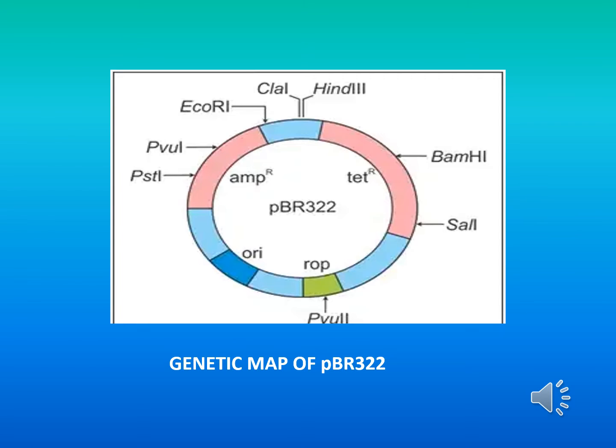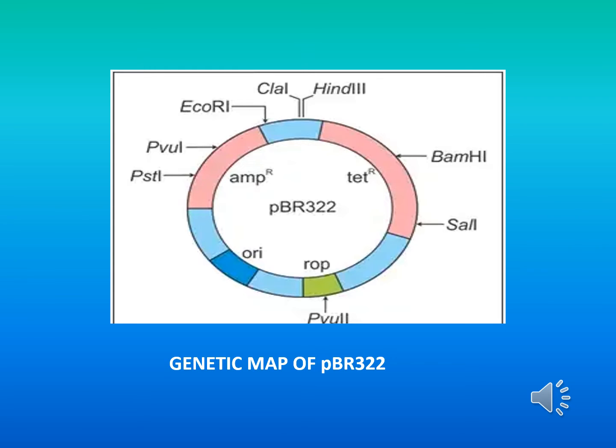Now you see the diagram of the pBR322 vector. On the right hand side you see the tetracycline resistant gene, and on the left hand side there is the ampicillin resistant gene. At the bottom you see the origin of replication, which is the site at which replication of the plasmid starts. And the rop gene encodes a protein which controls the copy number of this plasmid.